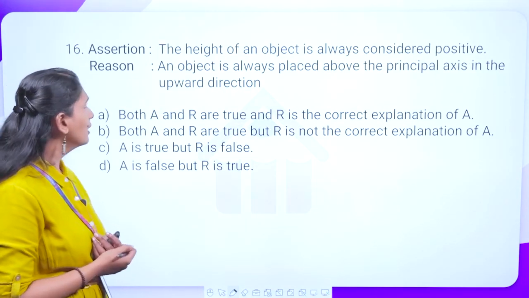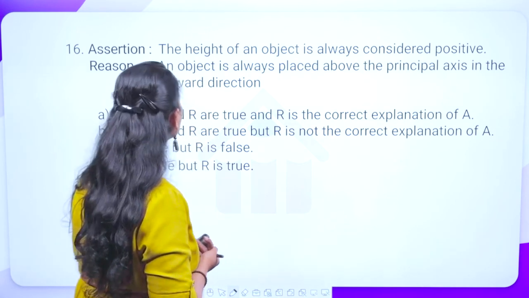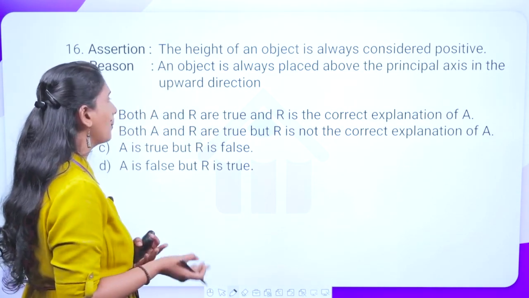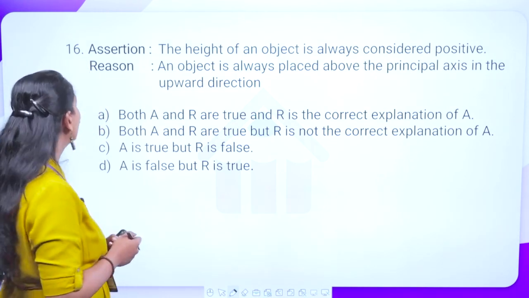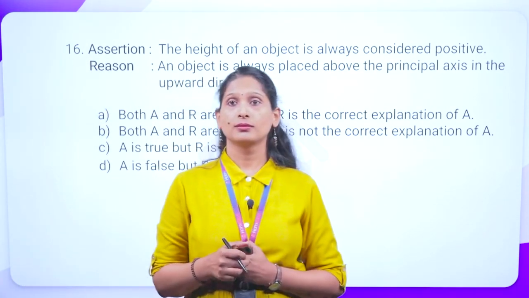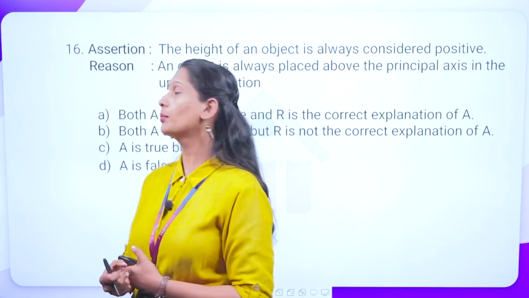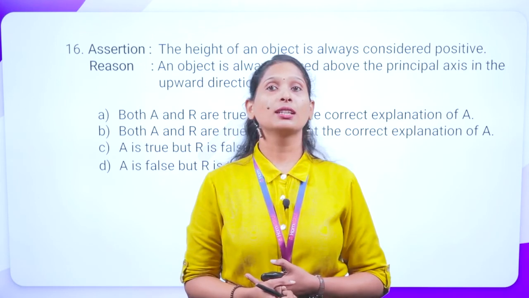Now, the assertion is that the height of an object is always considered positive. The reason is that an object is always placed above the principal axis in the upward direction. It is option A for all.